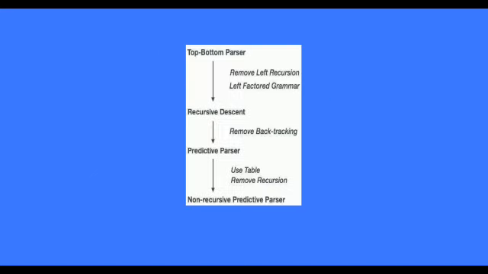And here you are seeing that the top down parser is connected to the next level, that is the recursive descent, and next it is defined to predictive parser, and the next level is non-recursive predictive parser. In between top down parser and recursive descent, remove left recursion and left factored grammar.